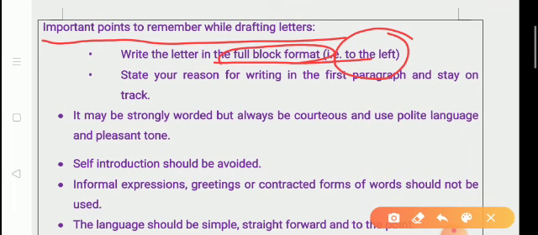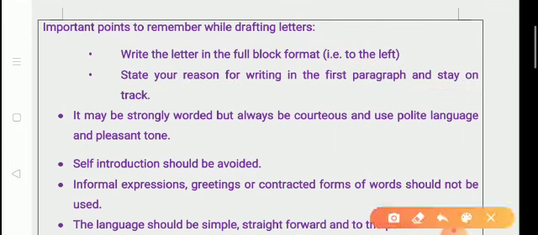State your reason for writing in the first paragraph and stay on track. When you begin your content, we should open our paragraph with the reason for writing. Why are we writing this letter? What is the purpose of writing the letter?